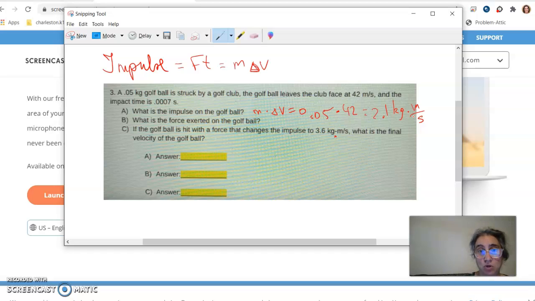Now, what is the force exerted on the golf ball? Now we have to use the other part. However, it's good to know the right side of the equation, because we already know the impulse. So we're going to use the formula force times the time equals the impulse, which we just found is 2.1. The time is 0.0007 seconds, so all we need to do is divide 2.1 by the time.